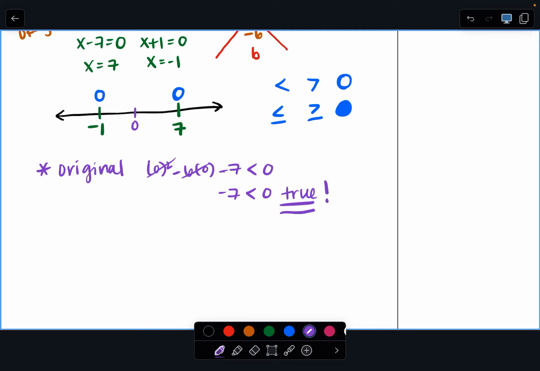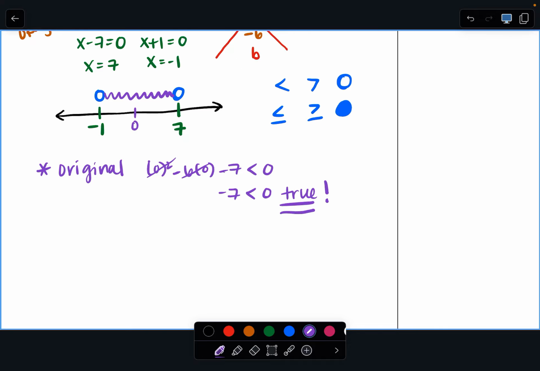So since my 0 is in between these two numbers, my shaded area is in between these numbers. You are either in between them or you are outside. Those are your only two options for problems like these, inside or outside. There's no, this left one but not the right one. It's inside or it's outside.